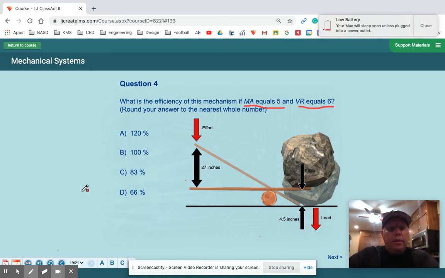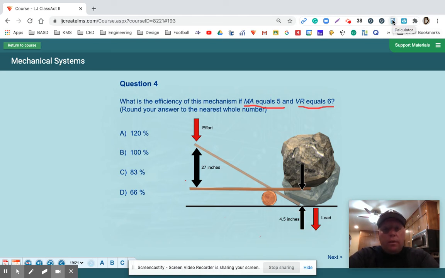We have choices of 120, 100, 83, and 66. So let's get our calculator out and try to figure that out. Give you a moment to do so. So eta, or efficiency, would be 5 divided by 6 times 100 and then round up. Give you a moment to do that.